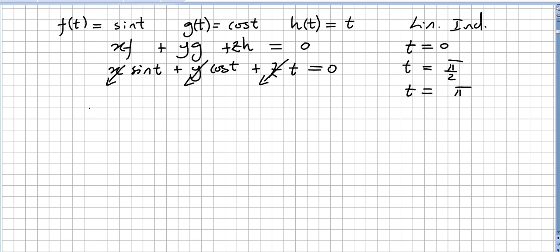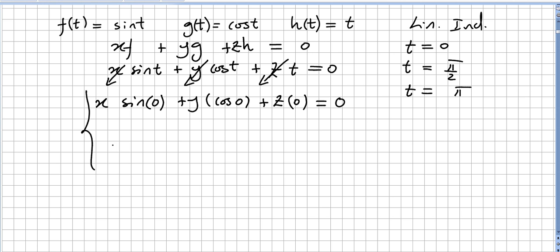Okay, so for t equals 0, the functions will be evaluated at 0. So we will have x sine of 0 plus y cosine of 0, right, plus z times 0, and that has to be 0.